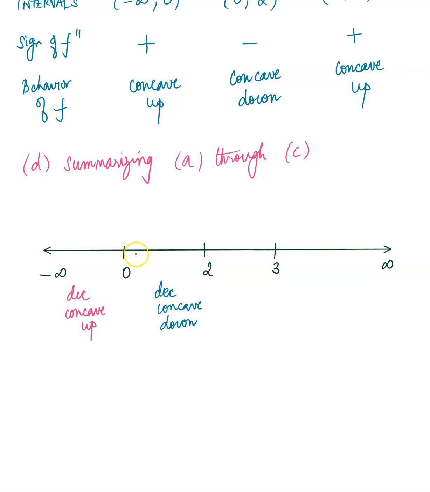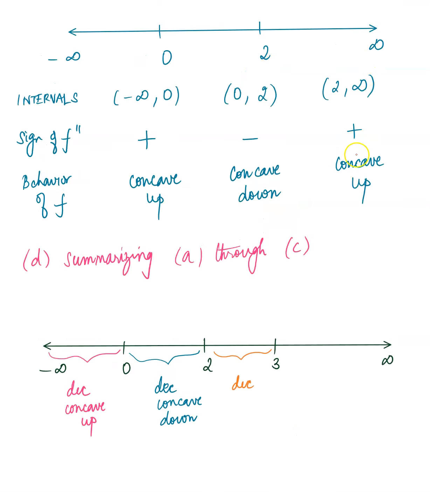Because I'm color coding them, I'll just do that so that the interval is indicated indirectly there. And 2 to 3, we just saw that that will be decreasing again because it was decreasing from 0 to 3. And 2 to 3. So 2 to infinity is concave up, which means 2 to 3 is also concave up.